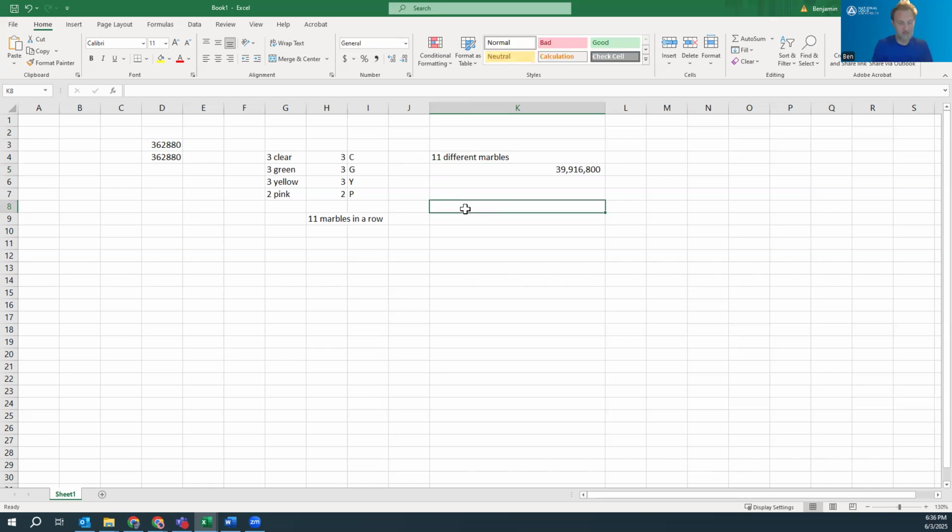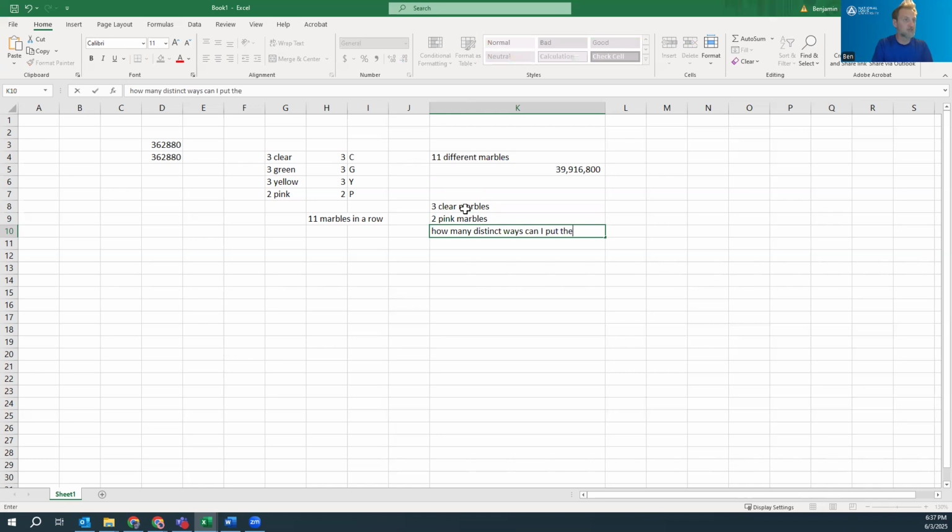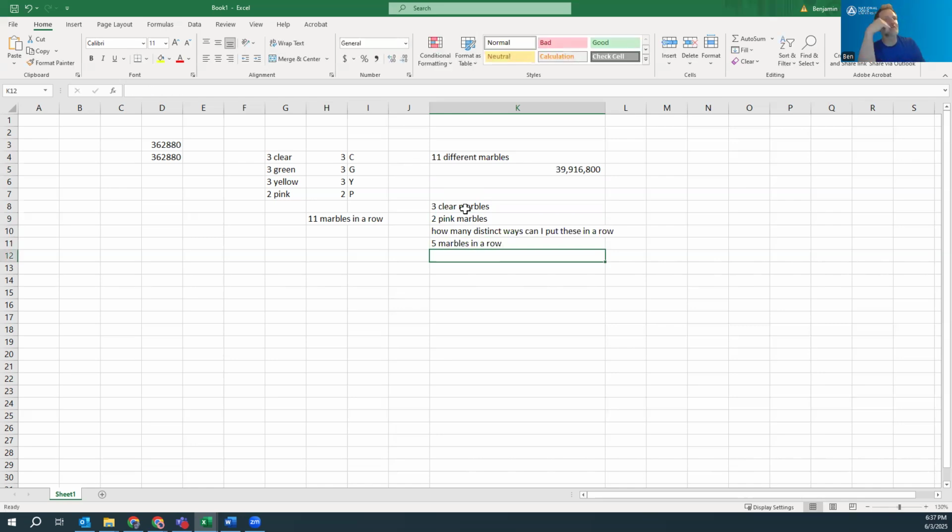So I've got 3 clear marbles. I've got 2 pink marbles. How many distinct ways can I put these in a row? Okay, so that means I've got 5 marbles in a row. And now I'm trying to sort of think through, well, we really only have 2 options for my very first marble.